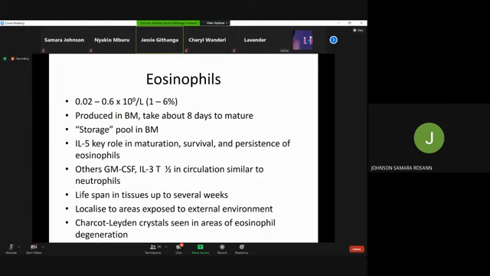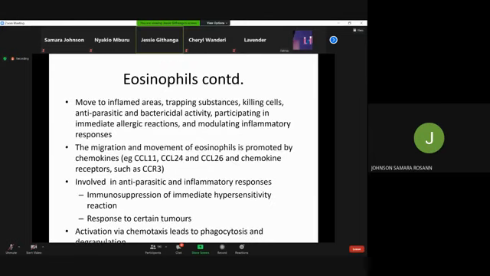So the eosinophils will move to inflamed sites and kill cells. They are very important, especially in anti-parasitic and bactericidal activity, participating in immediate allergic reactions, and modulating the inflammatory response in relation to the parasitic and allergic reactions.